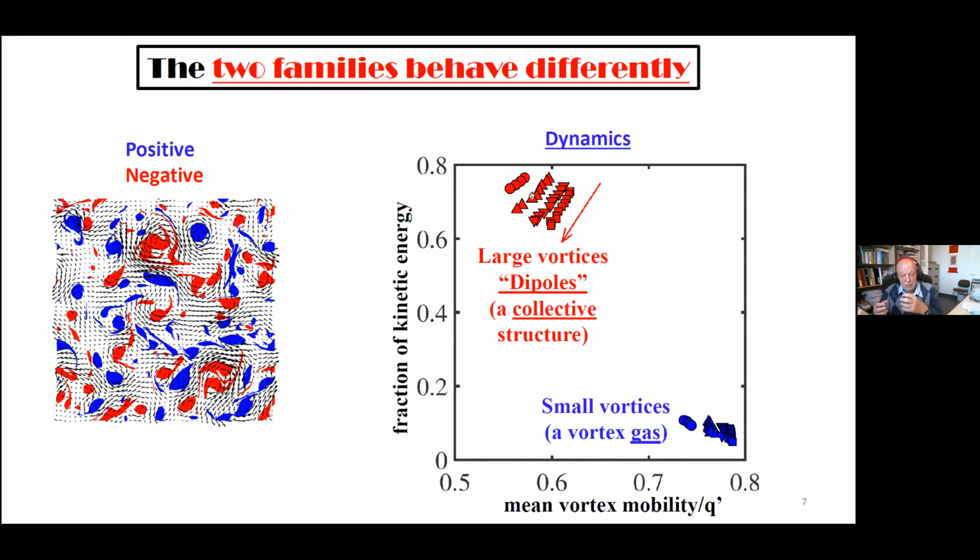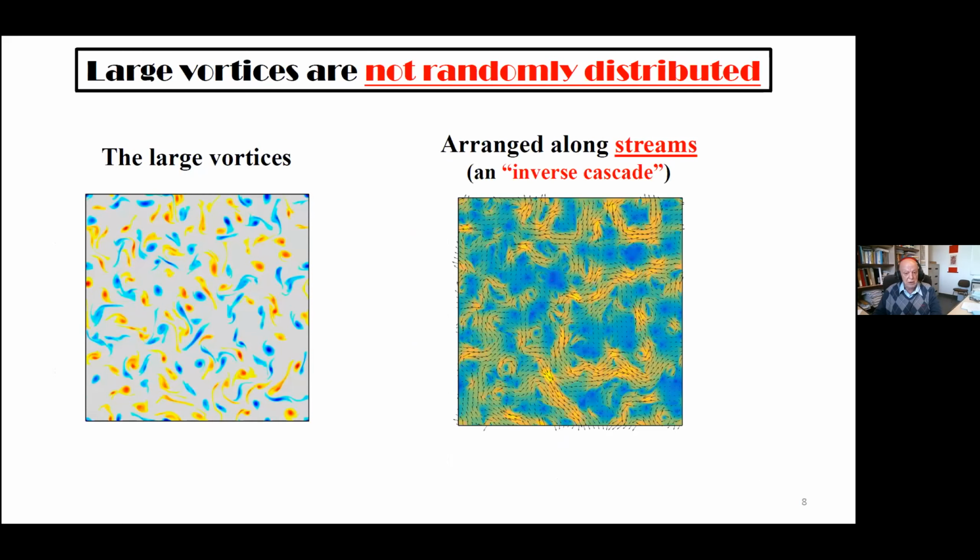And if they move slowly, they cannot be moving individually. They have to move slowly because somehow they are locked to each other. They see each other and they cannot move. So this is a collective structure, the dipoles. These are a good candidate for the large scales, and that means that there has to be an organization, and there is an organization.